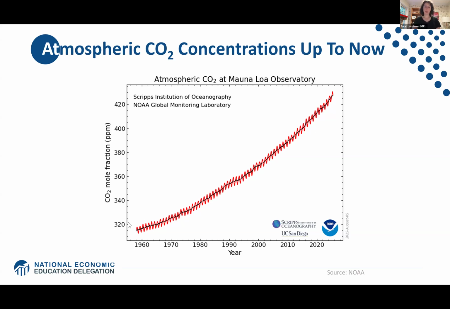And so you can see that our carbon dioxide concentration has increased over time, and now we are well over 440 or so as of this measurement that I just took down the other day. So the greenhouse gases accumulate in the atmosphere.